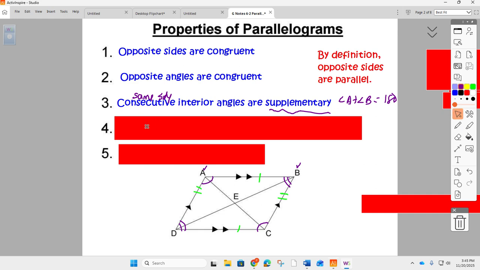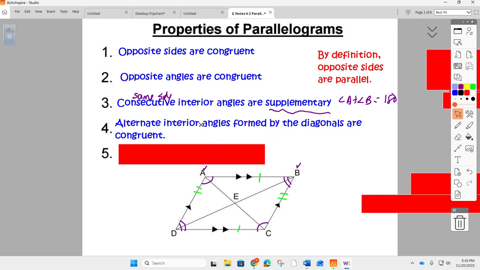Another property we know to be true about all parallelograms is that the alternate interior angles formed by the diagonals are congruent. This diagram is getting really busy, so I'm going to color code. We know that this angle and this angle, alternate sides, meaning opposite sides, are congruent.